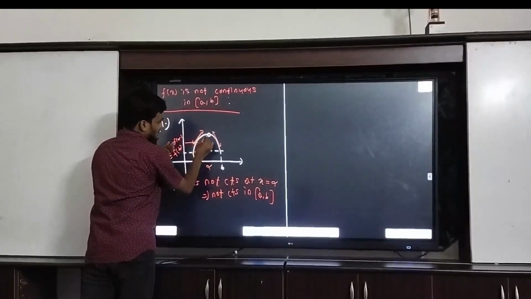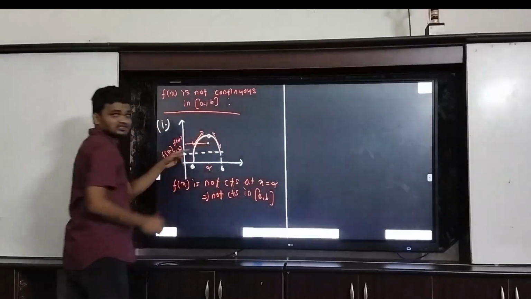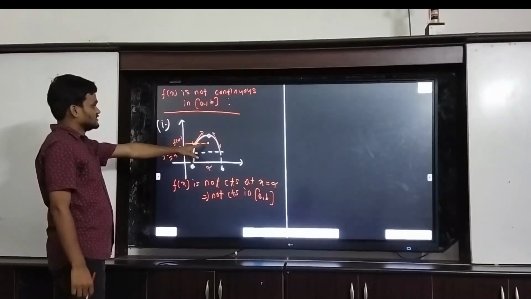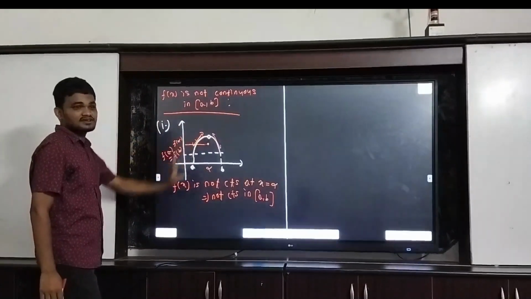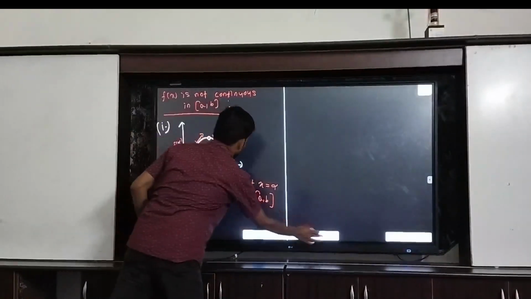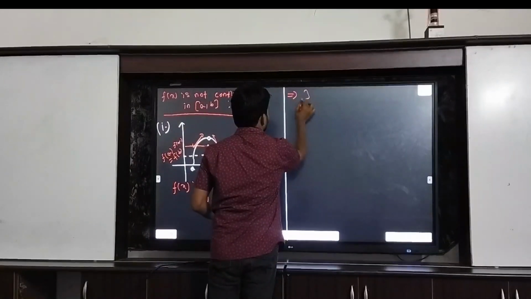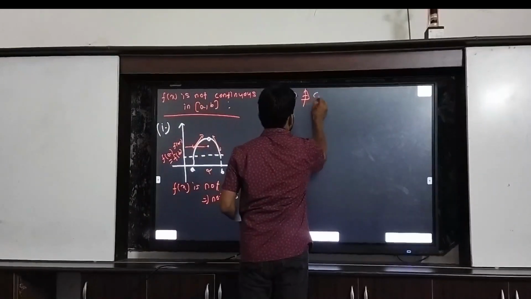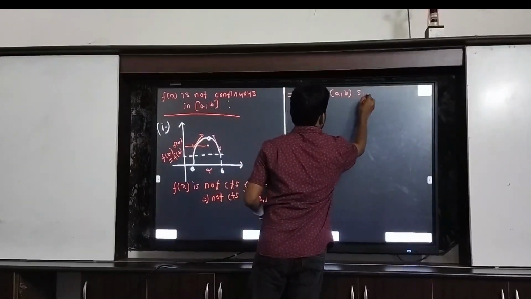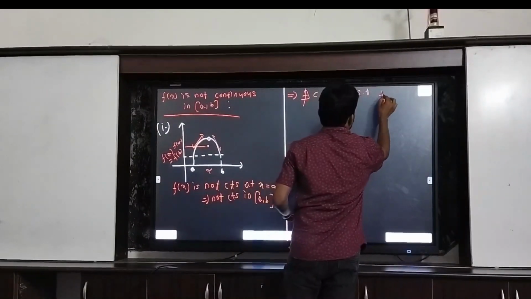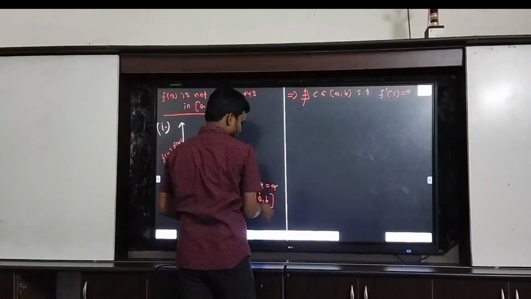We can't plot a tangent at this point, since it is a single point. So in this case, there does not exist such a C belonging to the open interval AB such that f dash C is equal to 0. This is our first observation.